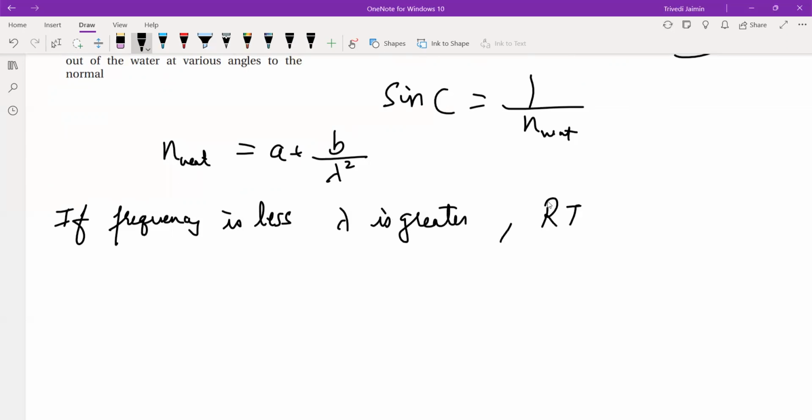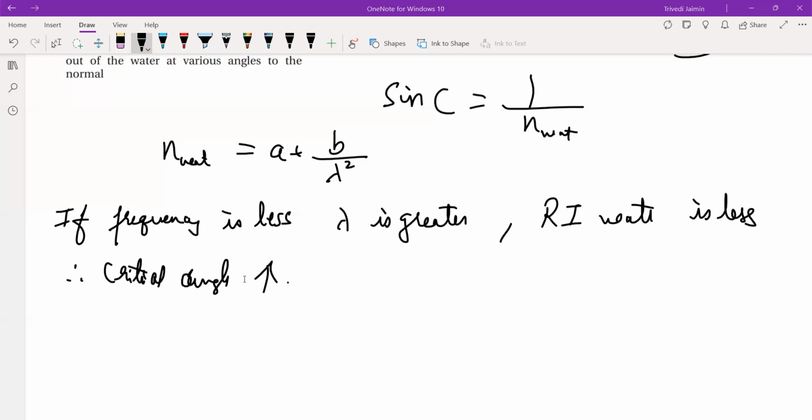So the refractive index of water is less. So the critical angle will also increase here. Therefore, increase.